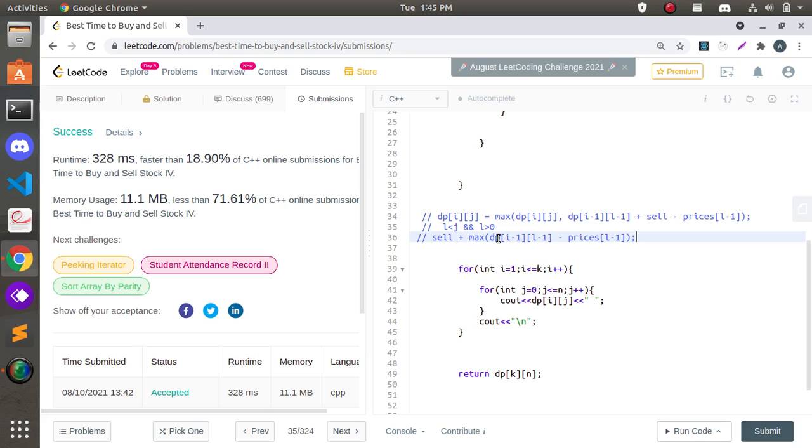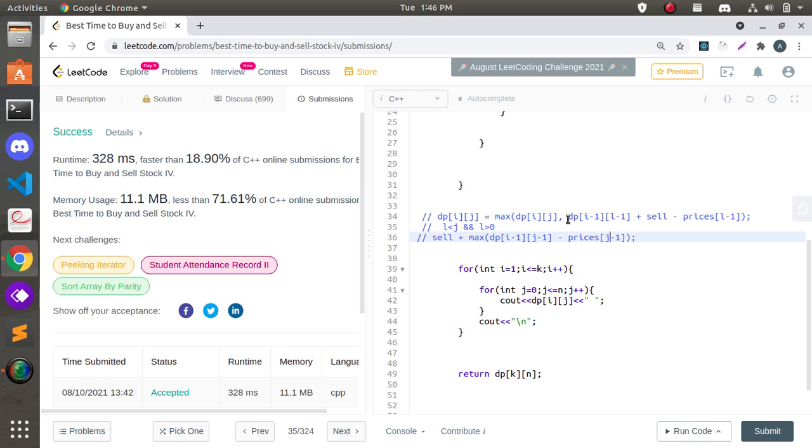One thing also to understand is that we are starting from L less than j, so we are just taking the previous value. So why not just change L to j, right? Now we have eliminated one extra row.